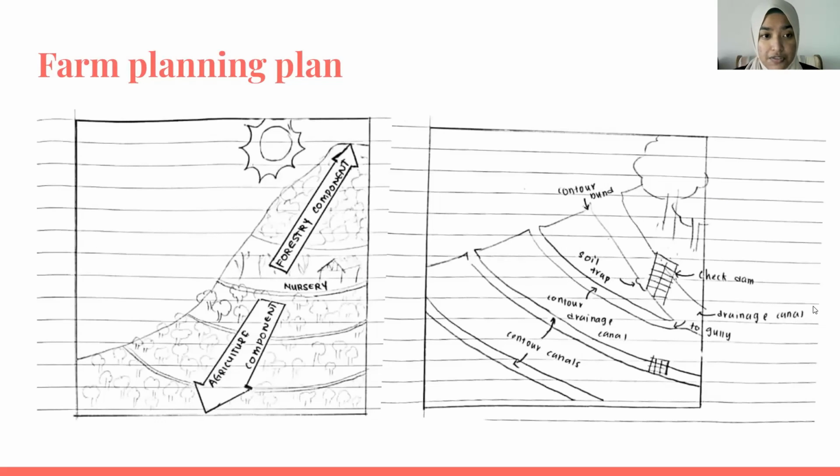This is our farm planning plan. As I said, we choose the pediment slope as our agriculture component.